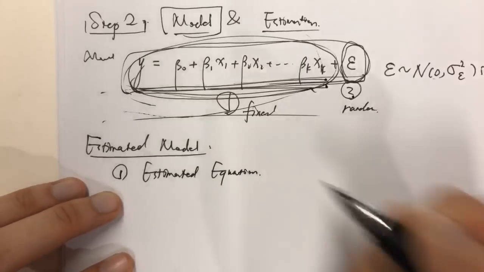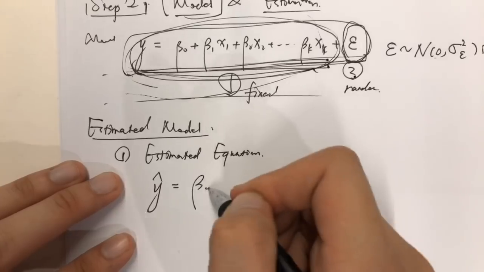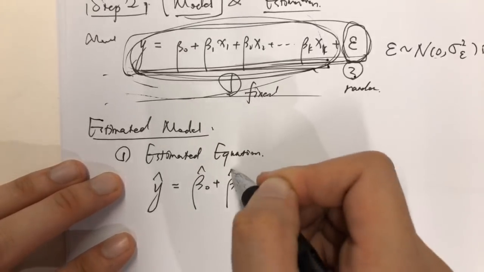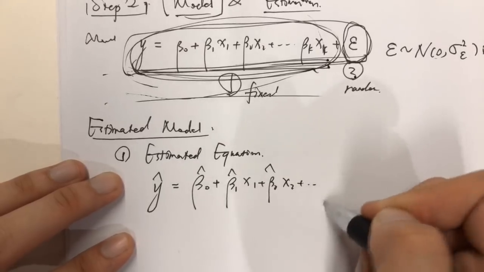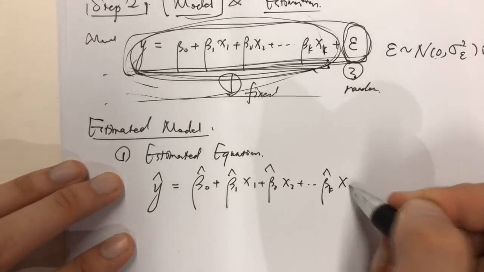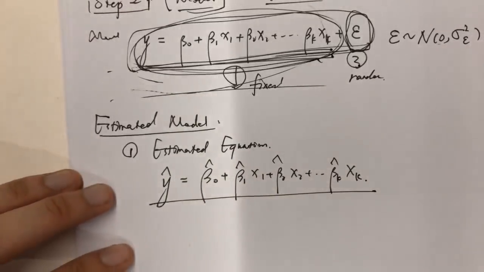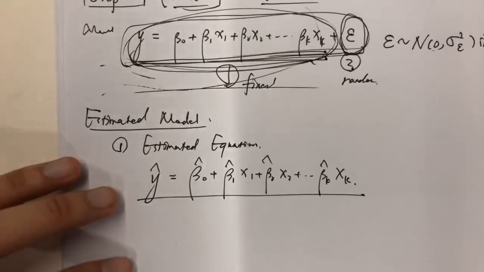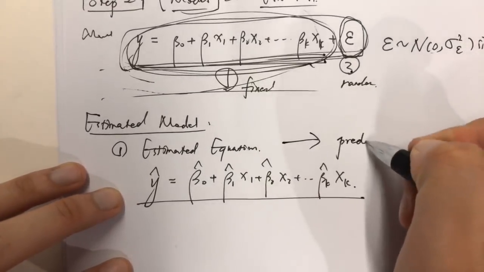This equation is given by y hat equals beta 0 hat plus beta 1 hat x1 plus beta 2 hat x2 plus beta k hat xk. Okay, so this is what we call the estimated equation. The purpose of the estimated equation is for prediction.